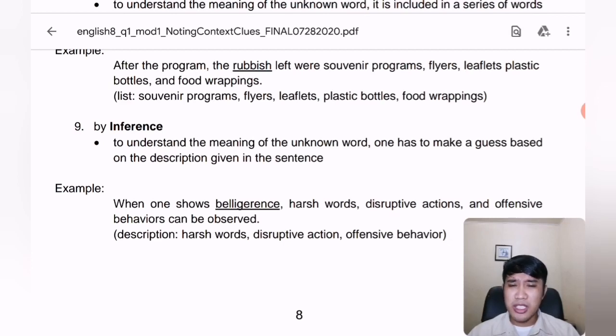So perhaps belligerence is also negative. Yes. Belligerence in fact means aggressive or warlike behavior. So by making a guess based on the words inside a sentence, or inference, we can understand the meaning of the unfamiliar word.